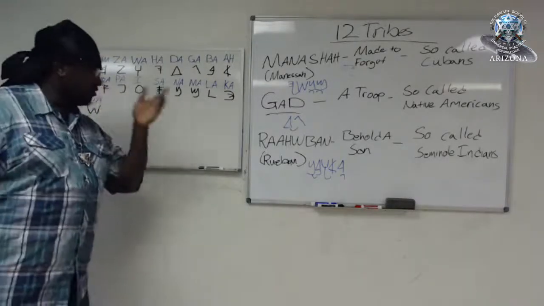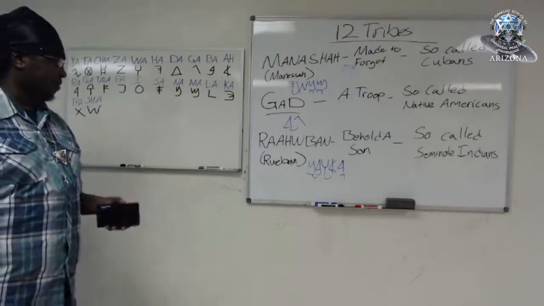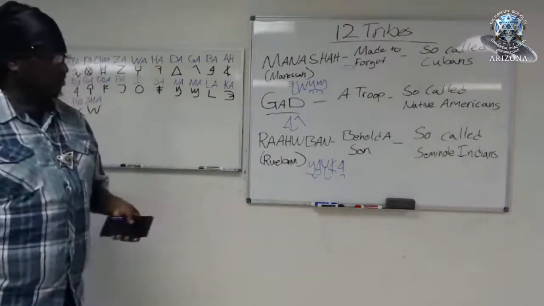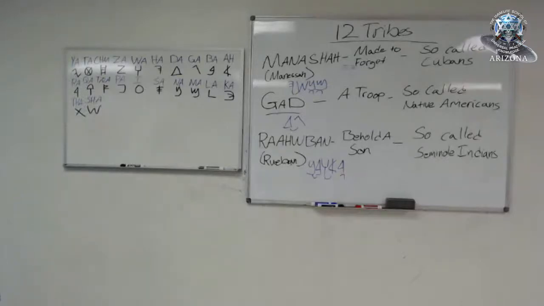So, Shah, once again, Shah, Gad, and Rabon. All right, you got a minute? Copy it down. Slow down.